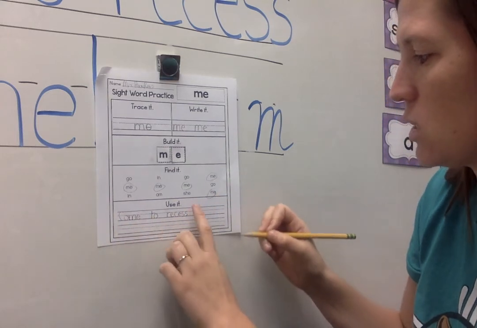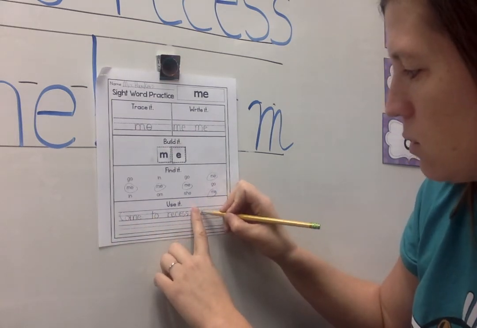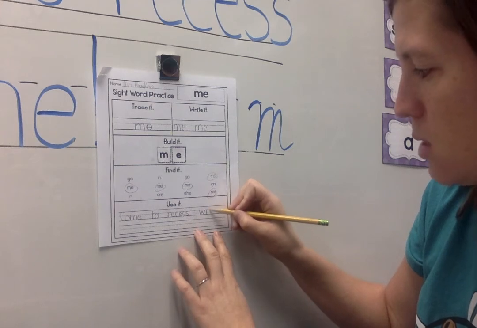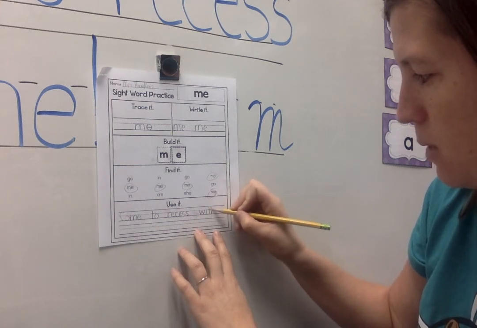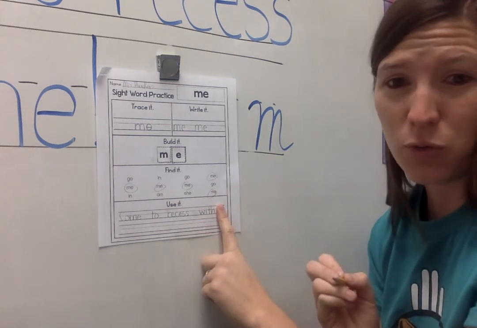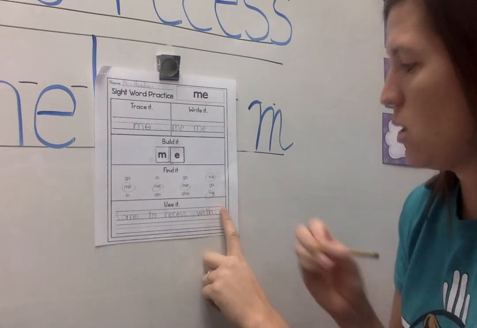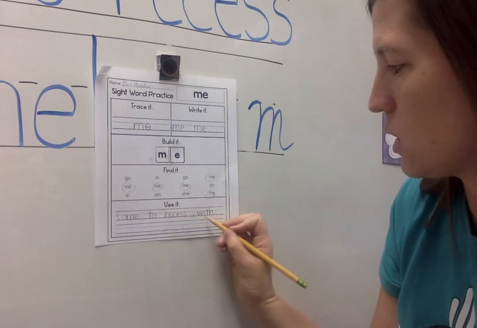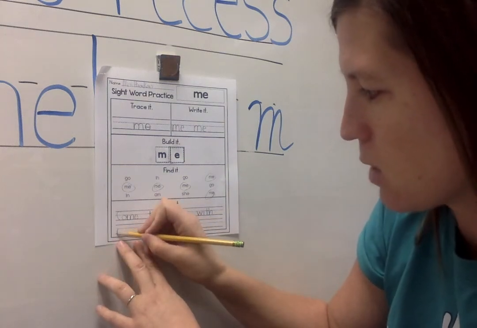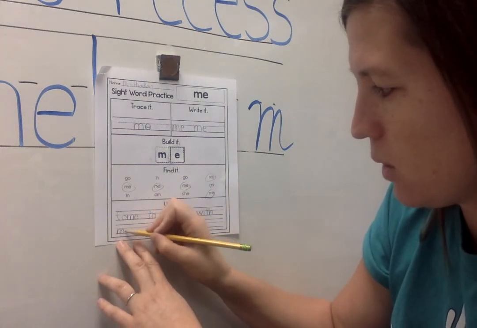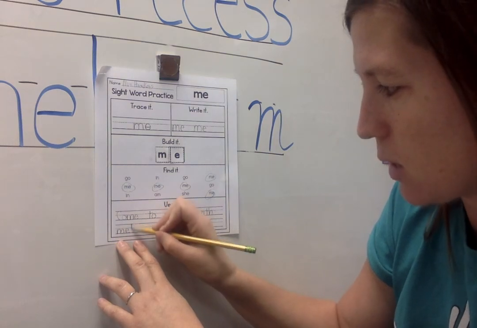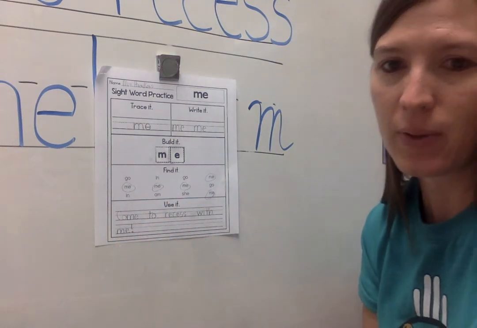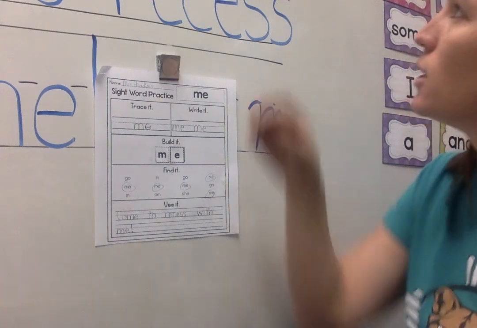Come to recess, finger space, with, W-I-T-H. Do I have room for me? No, I don't. What do I need to do? Go to the next line. Come to recess with me. How do I spell me? M-E. Exclamation point.